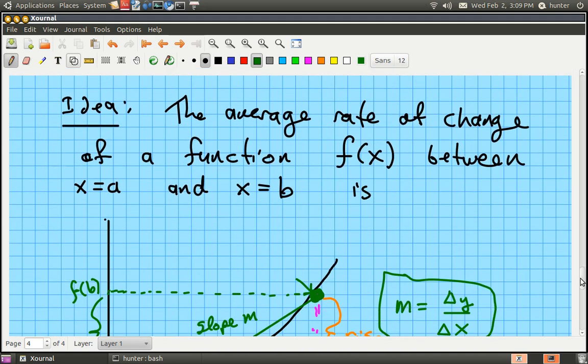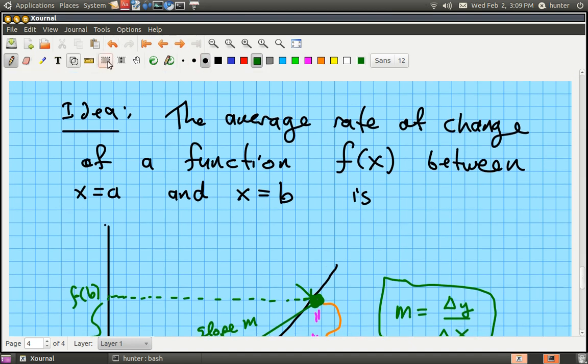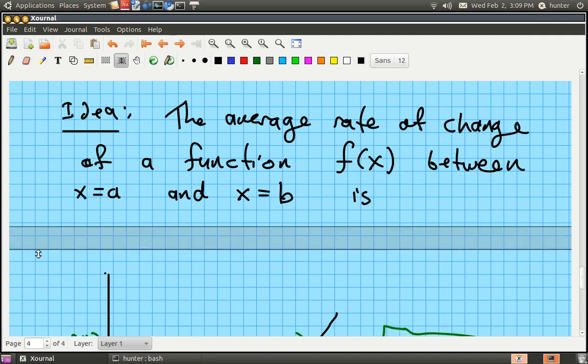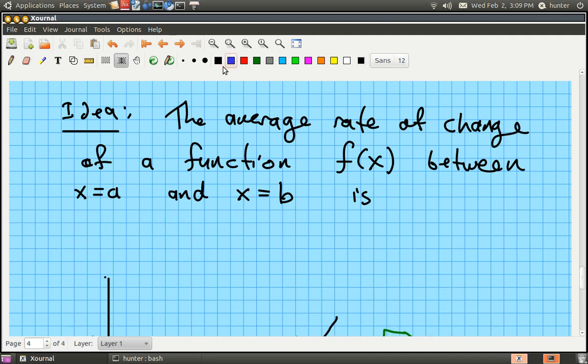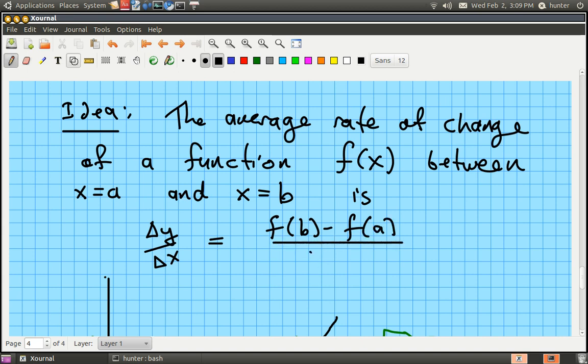Alright? And so let's go back here and finish our statement. So the average rate of change of a function f of x between x equals a and x equals b, we're almost done. Okay, it is delta y over delta x, and we just said that that was equal to f of b minus f of a divided by b minus a.